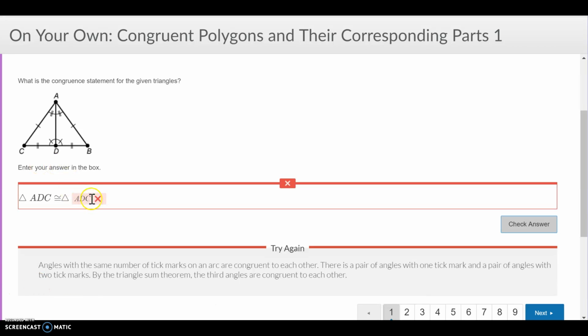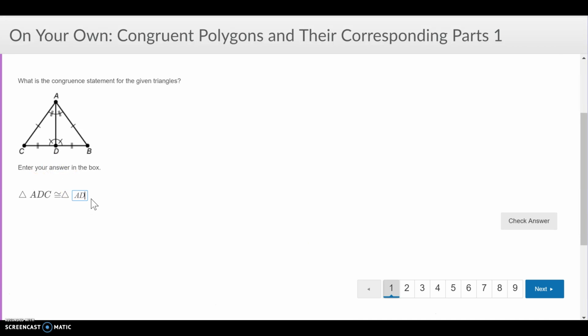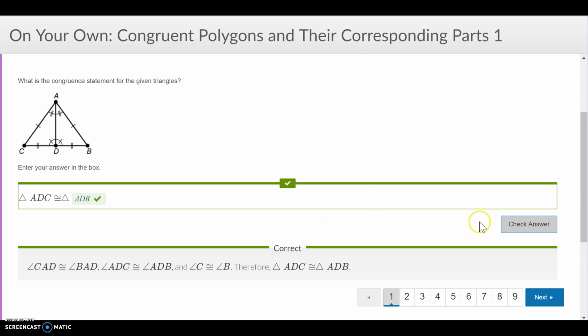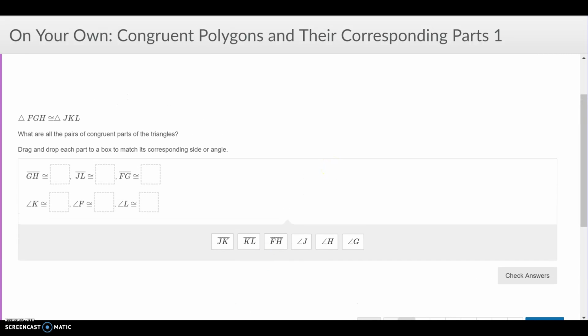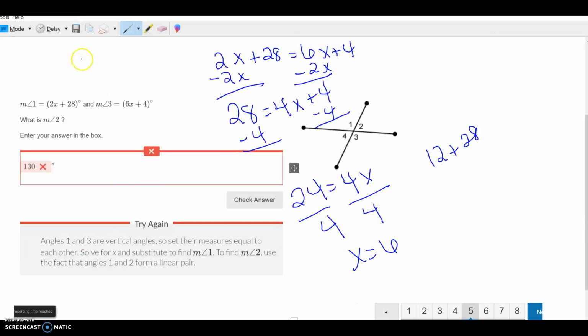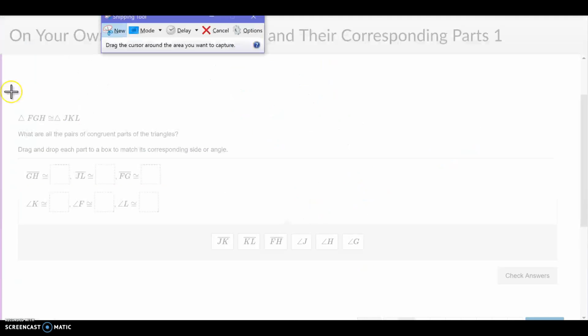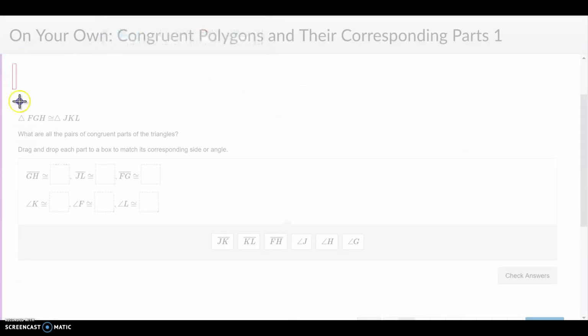Oh, I see what I did wrong. I was like, wait a minute. It's angle B. Sorry. There we go. Yes, C and B are corresponding. Alright, now we got to do a snip because we need a drawing so we can figure this out.